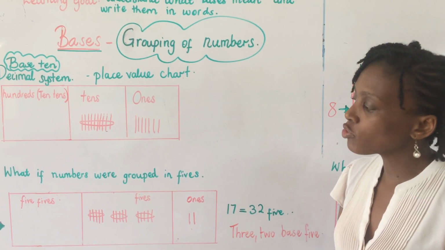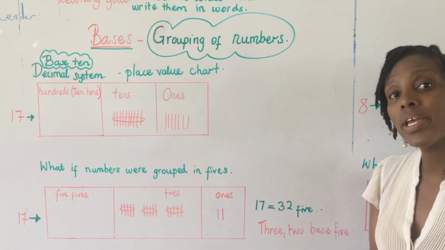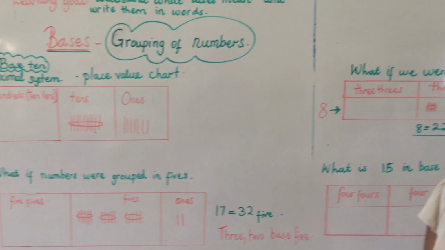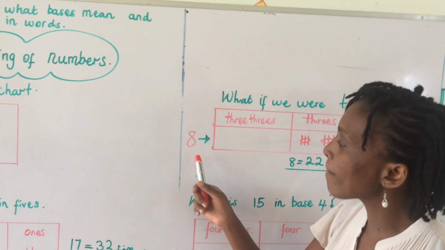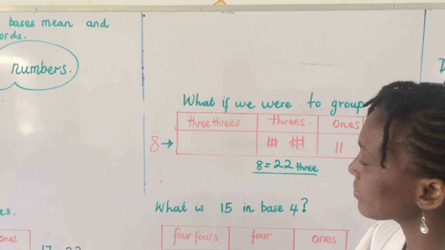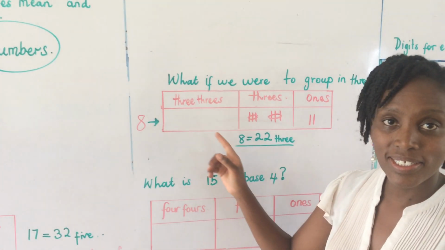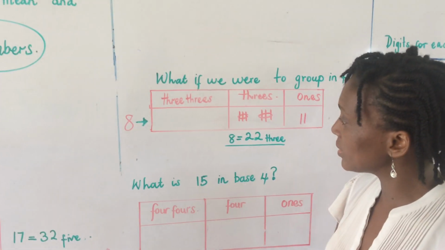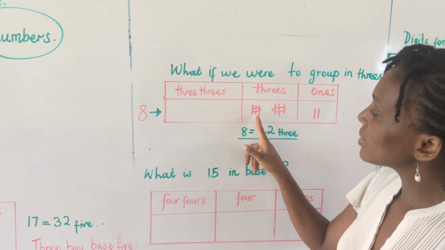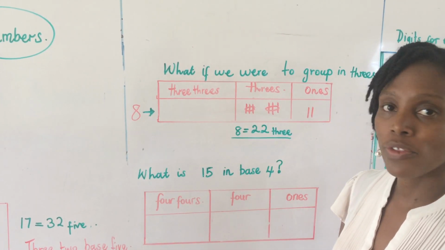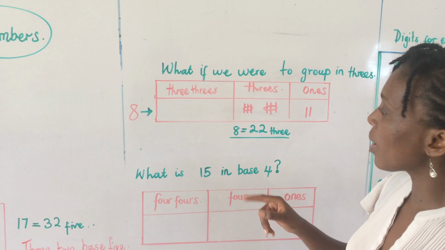What if we were to regroup or group in threes? Let's work with the number 8. When represented as groups of threes, we get 2 groups of 3 and 2 ones.